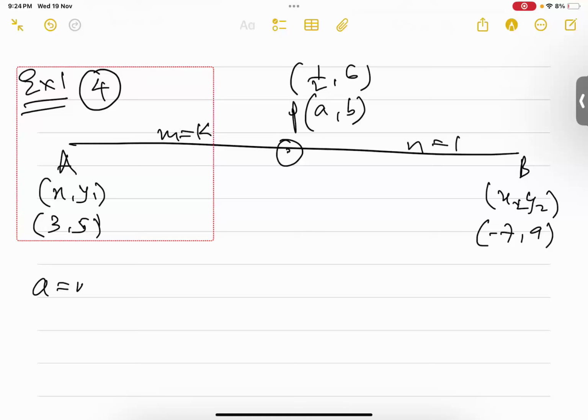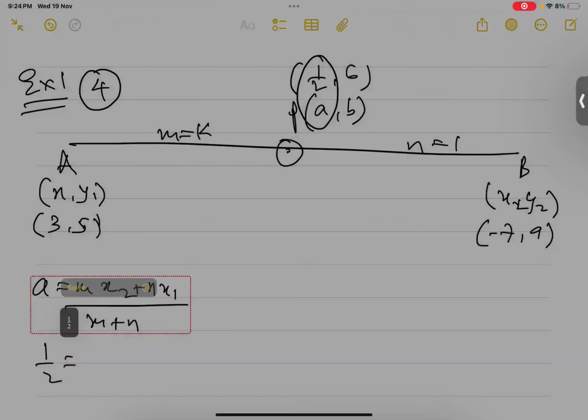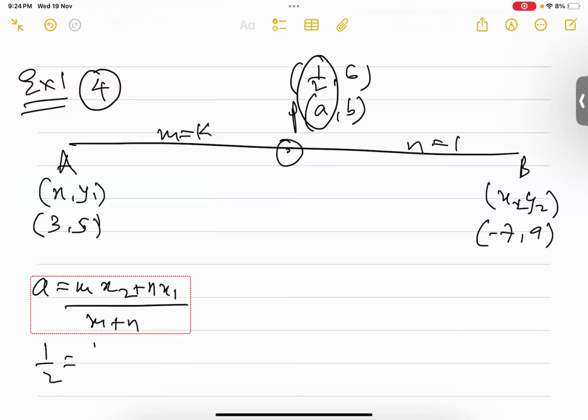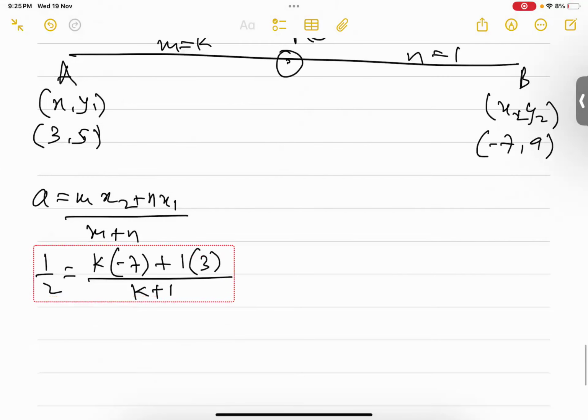Now see, the coordinate: mx2 plus nx1 upon m plus n. So what is the coordinate of P? It is half, given in the problem. M is k, x2 is minus 7, n is 1, x1 is 3, upon k plus 1.